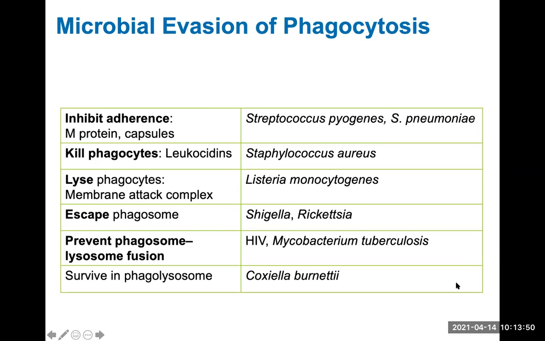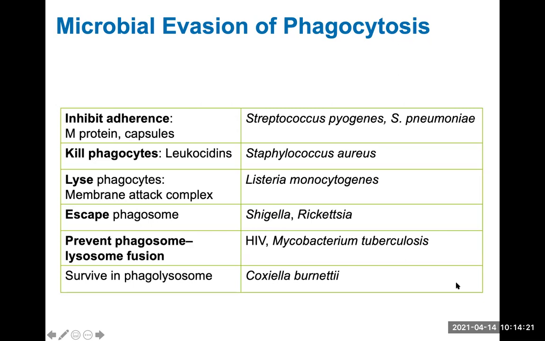We see these evasion strategies in different microbes, but we don't call it resistance, and we don't see this spreading of these traits. It seems to just be very specific types of microbes that have these natural properties that evade phagocytosis. Okay, and then we'll see that again when we look at the complement system.